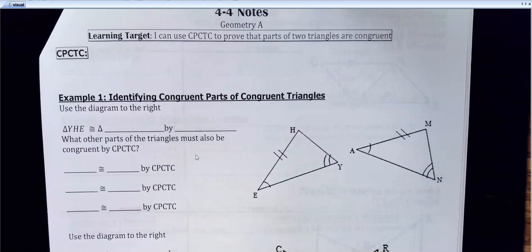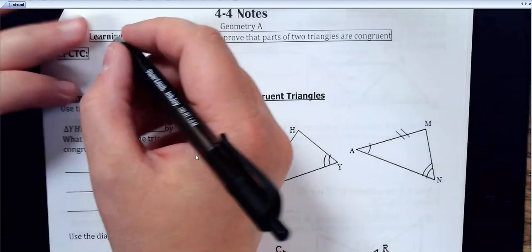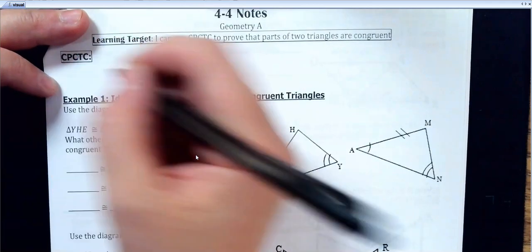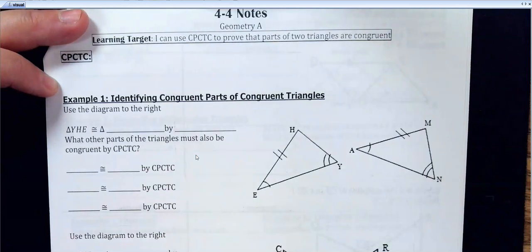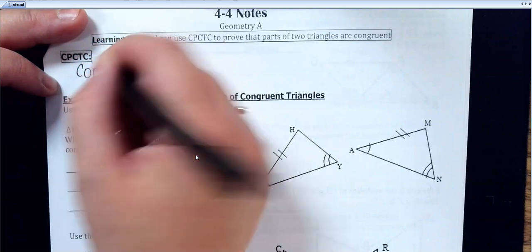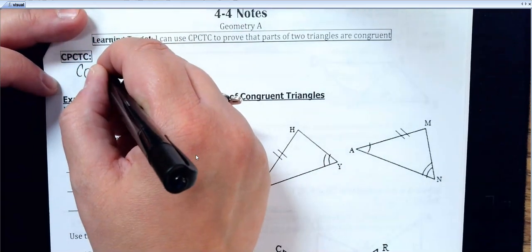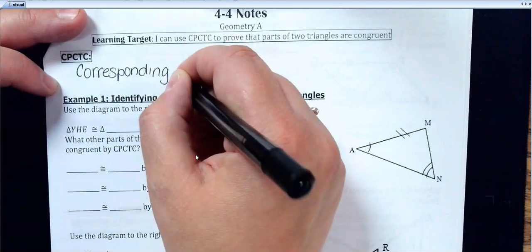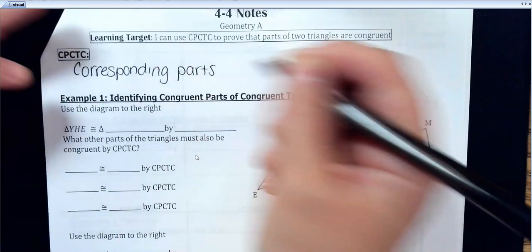Okay, now what we're going to work on today is called CPCTC. The first C is for corresponding. Are congruent.